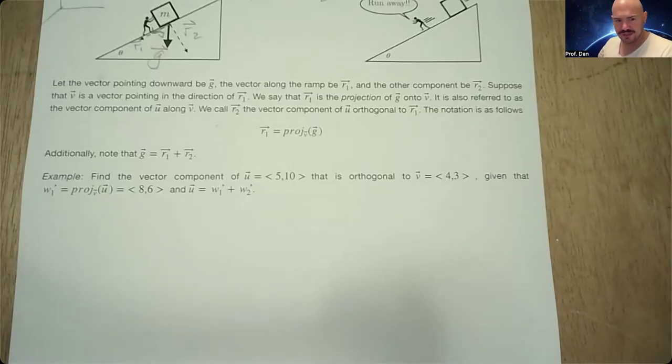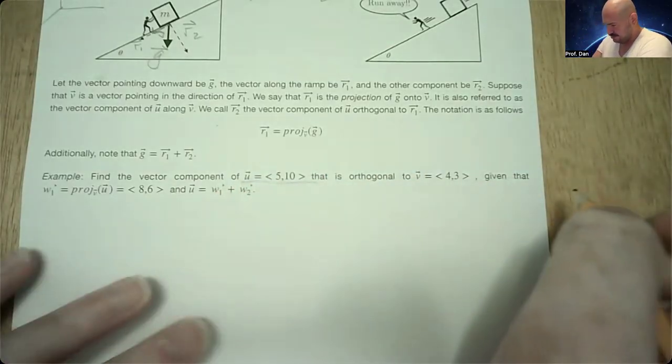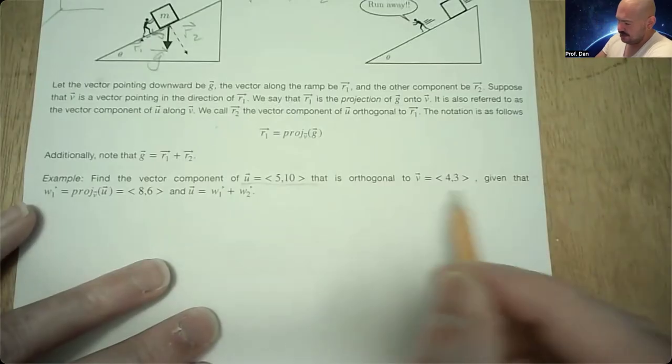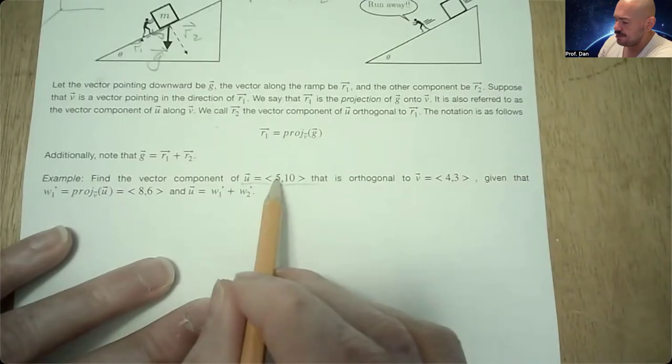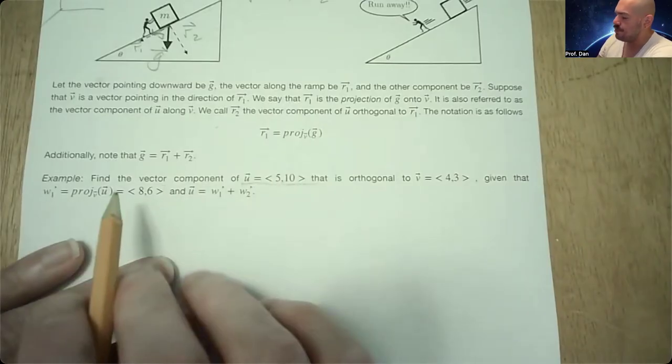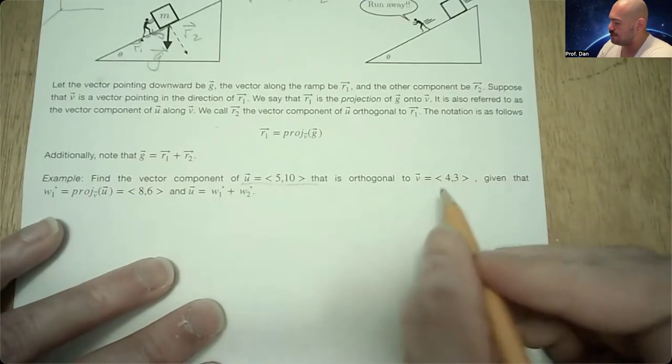So we have a vector u. We're given a couple of things here. The vector u is equal to 5, 10 in component form. We want to find the vector component of this that is orthogonal to v.